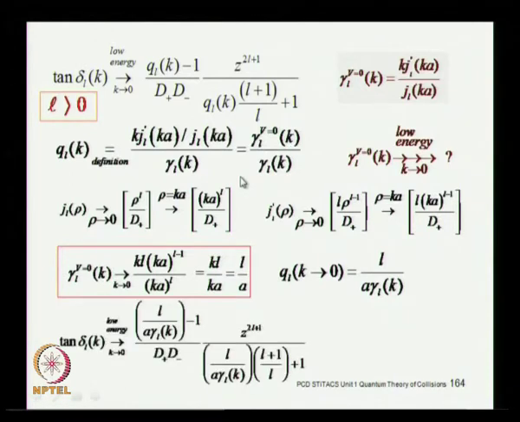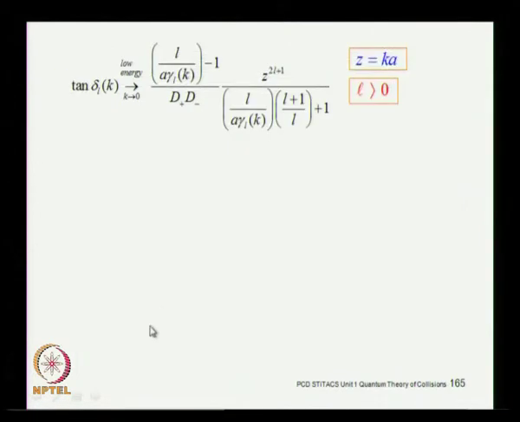So, we can put this value of q, which is l over a gamma, over here; this q is replaced by l over a gamma. Rest of the terms are the same, which is l plus 1 over l plus 1, you have z to the power 2l plus 1, and then you have the coefficient q minus 1, but q is l over a gamma. So, that is what is used here.